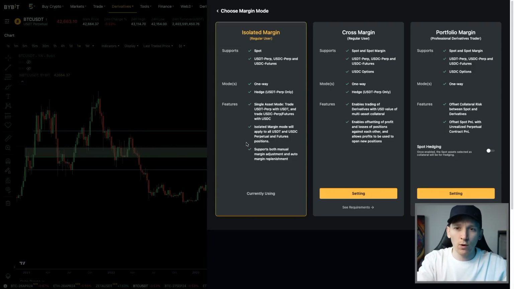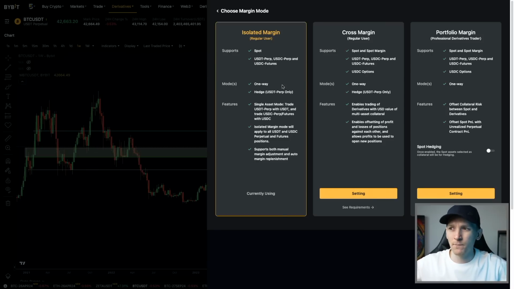So if you have a Bitcoin position, you have to fund that with a stable coin. And so you do that. And then if you have an Ethereum or a Solana or any other position, you use dollars to fund that position and they are separate from each other. So if the Solana position gets wrecked, lose money in that, the other two positions are still fine. So it doesn't use that margin, and the collateral that you have there across those positions.